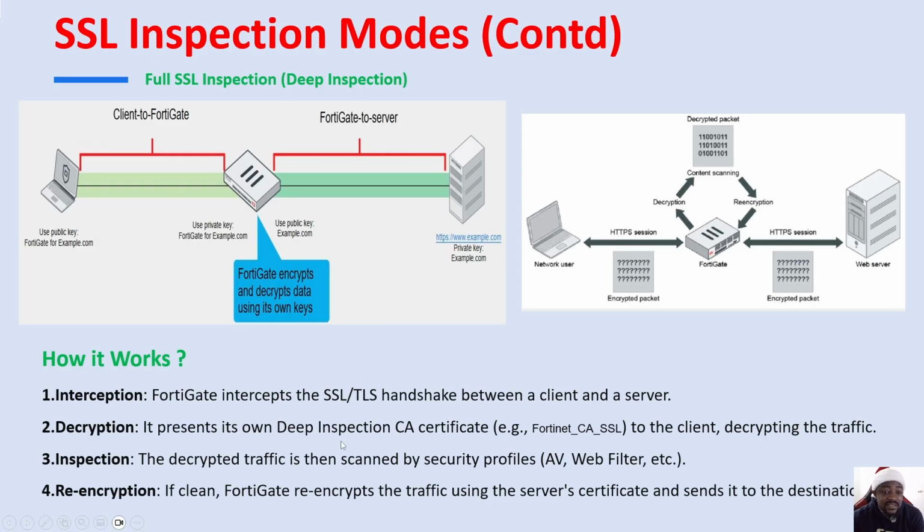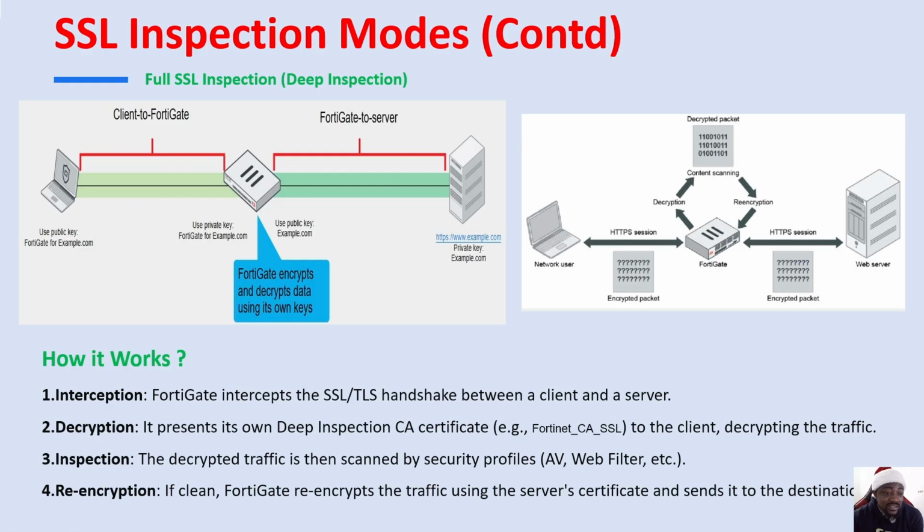So this is one of the requirements that you will have if you need to use the FortiGate SSL inspection mode. So this is it for the SSL deep inspection. Also, it needs to be noted that deep inspection involves intense traffic processing, which means your FortiGate will need to have good resources like CPU and memory.